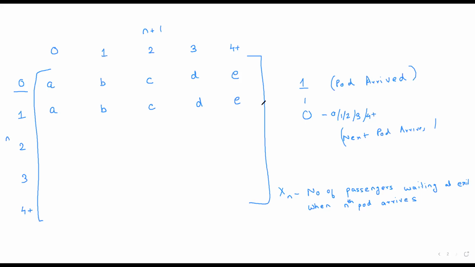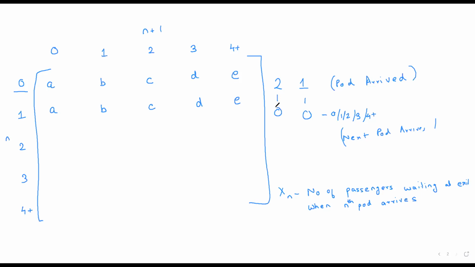Okay. Now coming to the third case, when two passengers are waiting. Again, when two passengers are waiting and the pod arrives, this pod will take both the passengers. So just after this pod departs, there are zero passengers waiting.